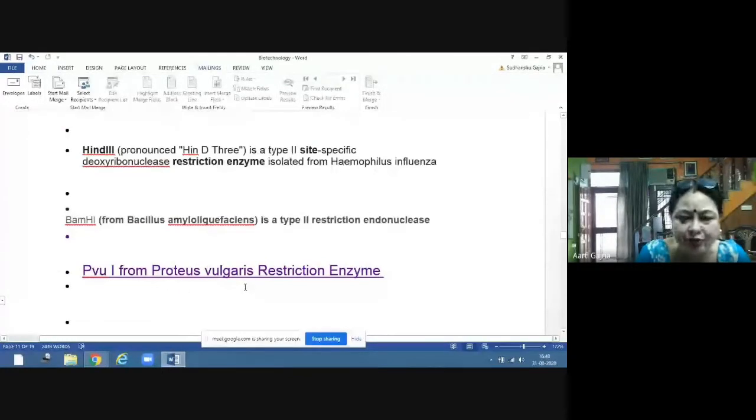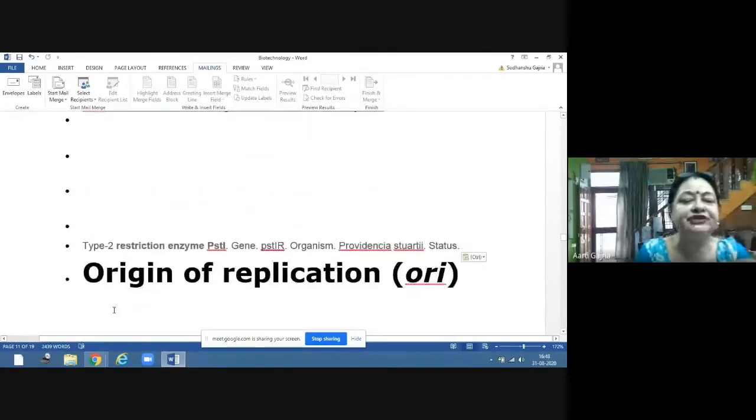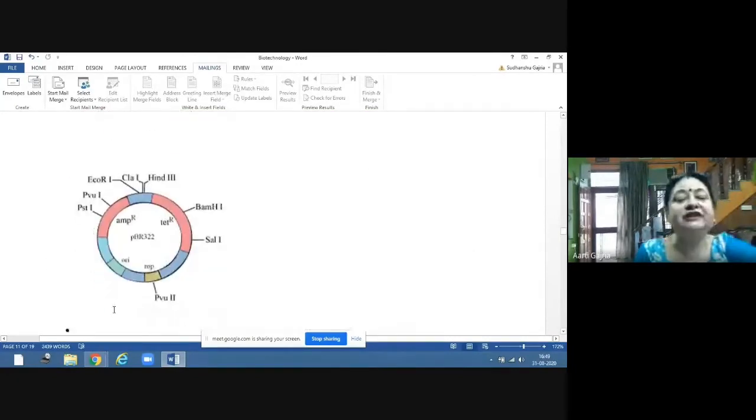P is for Proteus and vu is for vulgaris. And 1 means it was the first to be discovered from this organism. So these are the names of the organisms from which these restriction enzymes have been obtained. Okay.